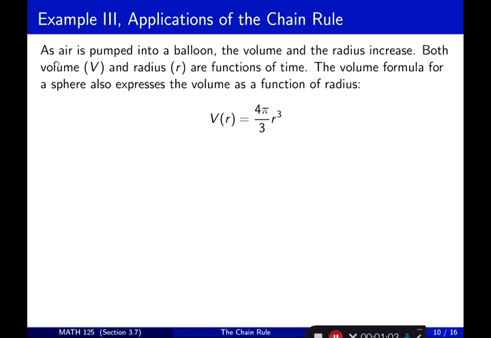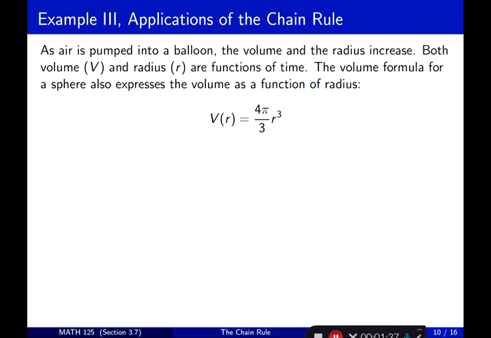Let's do the example. As air is pumped into a balloon, the volume and the radius increase. Both volume V and radius R are functions of time. The volume formula for a sphere also expresses the volume as a function of radius. This one we know from grade school: V equals 4 pi over 3 R cubed, and now we write it as V of R because what is the variable on the right side?